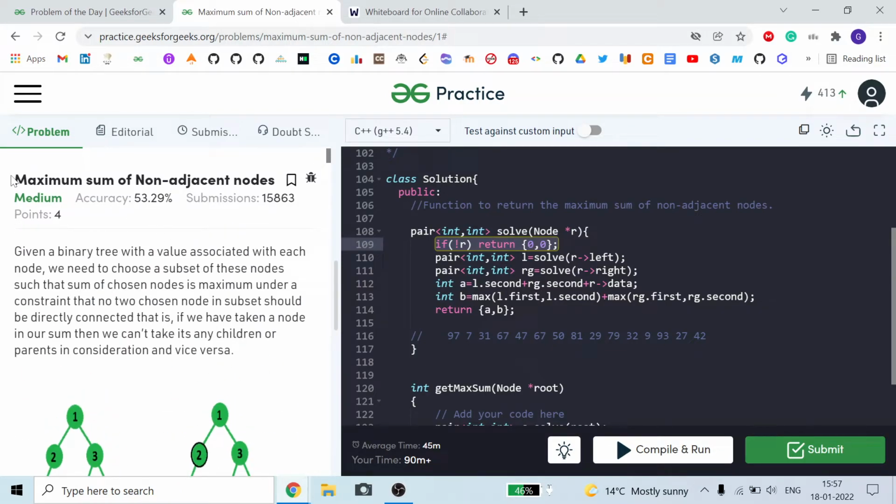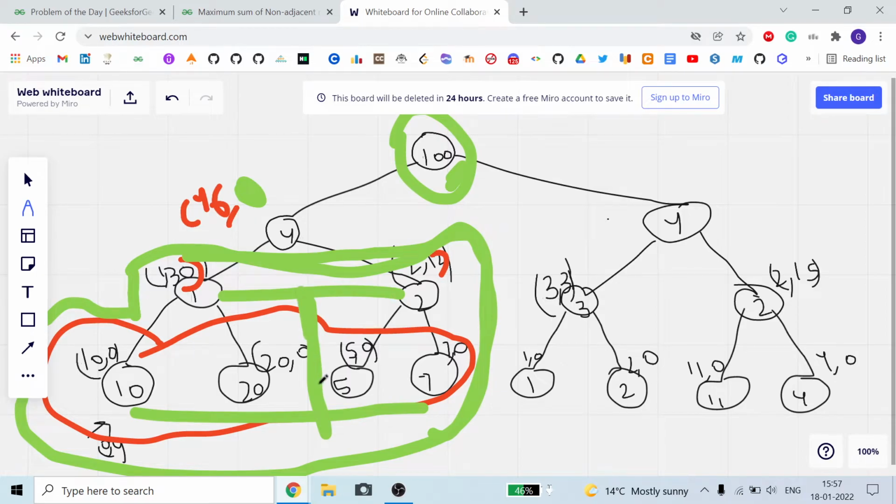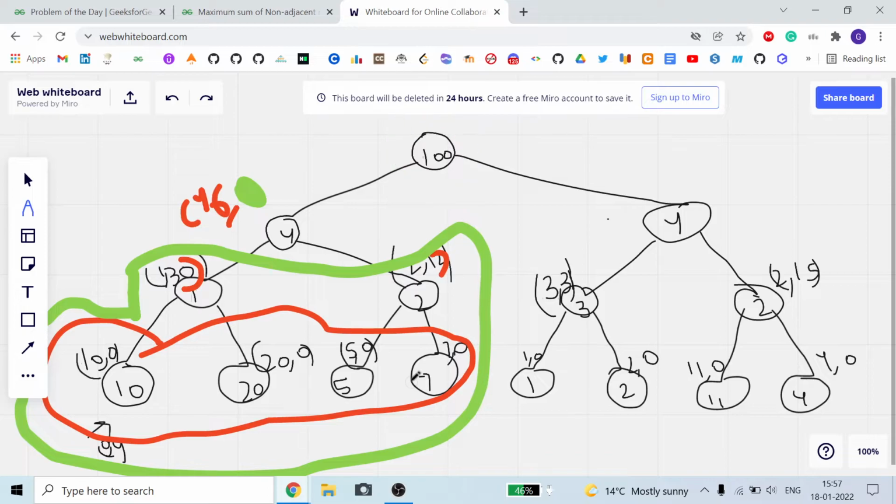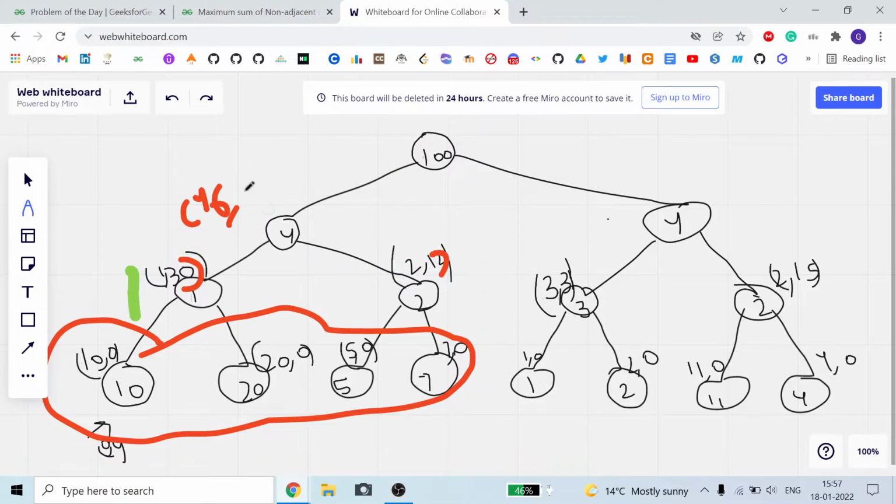So we have to find the non adjacent node sum. So we cannot add the sum of these both. But in 100 we can either add this or either add this. So what we return here is the maximum of this level or this level.